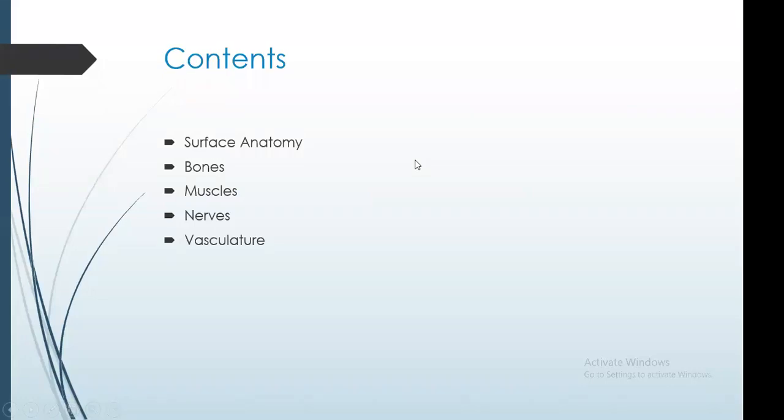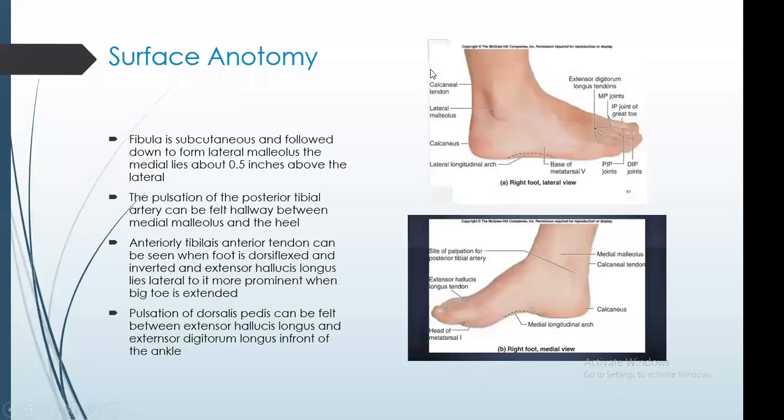Okay, so the contents of what we are going to study today is the surface anatomy, the bones of the foot, the muscles which are in the foot, the nerves and the vasculature. So the surface anatomy, you can also call, is the identifications of the foot which you can find apparent.